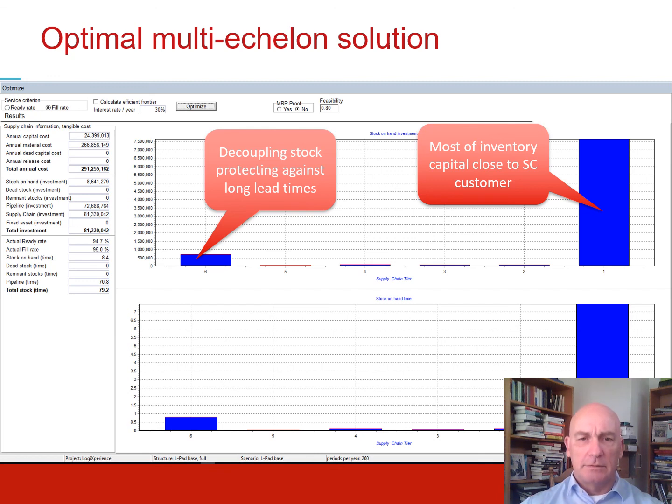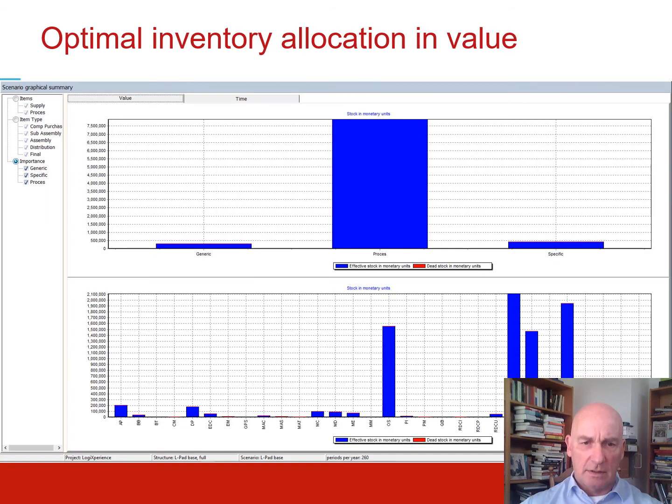Now, what you see over here is a decoupling stock of purchased items. There are a number of items that have long lead times, and I can show that in a minute. You can see that in terms of value, there are two items. And I don't know exactly the abbreviation. We can look back in the presentation.